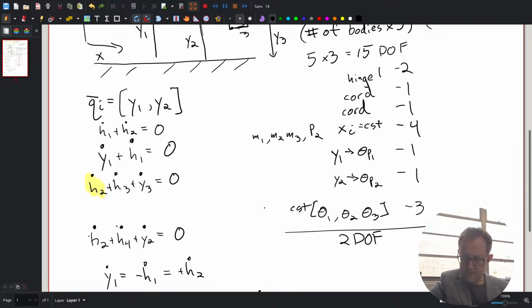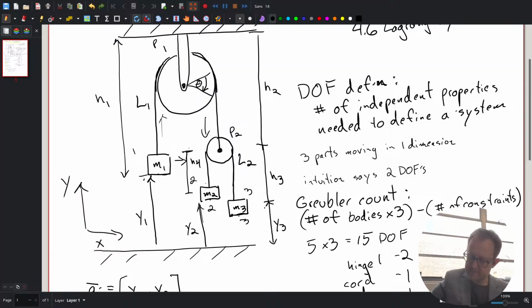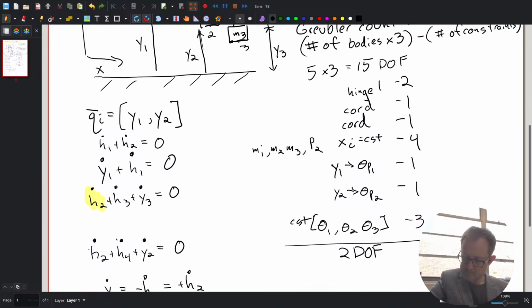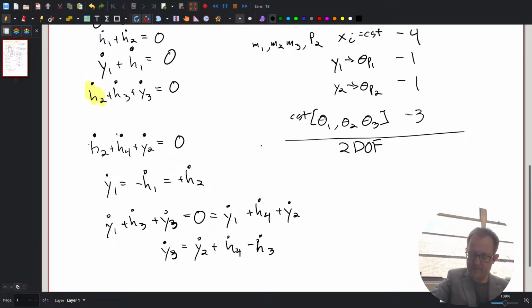So H4 and H3, let's see how those, H4, H3, those have got to be connected somehow. To Y1, right?